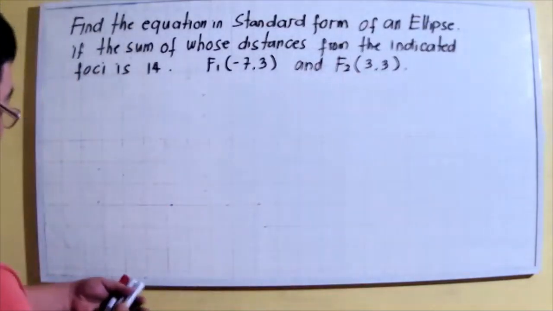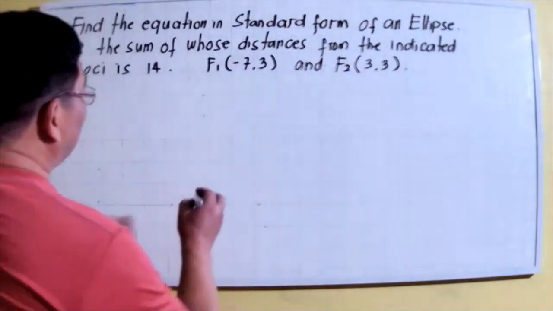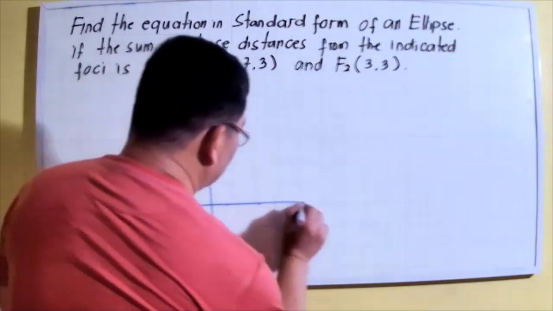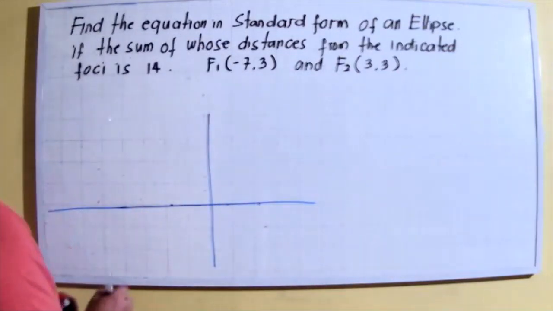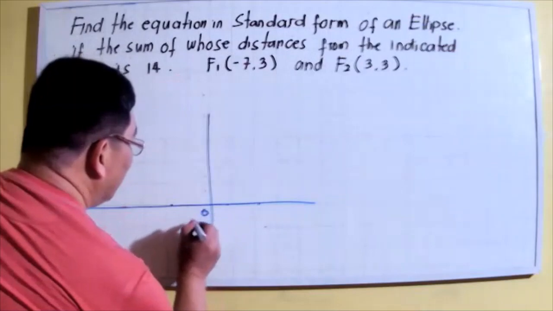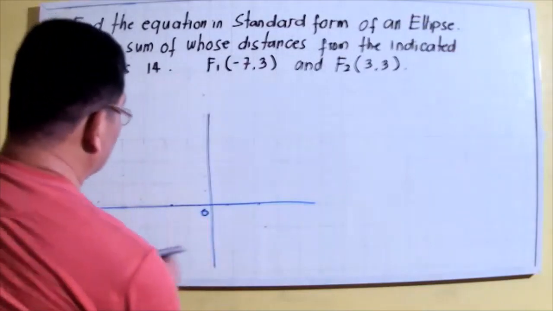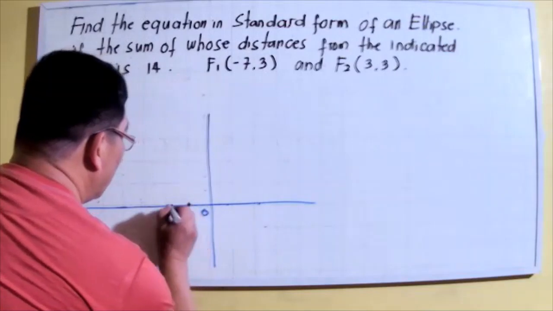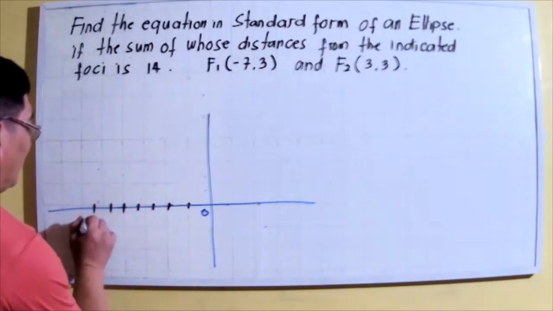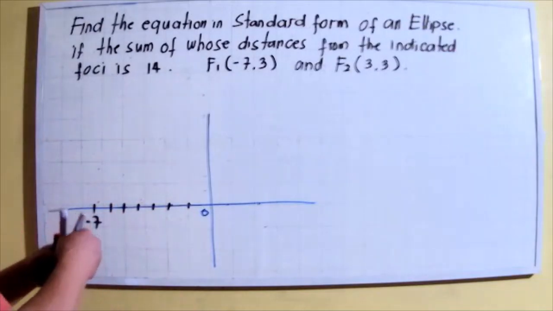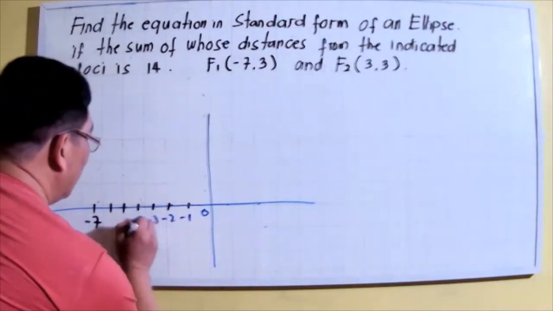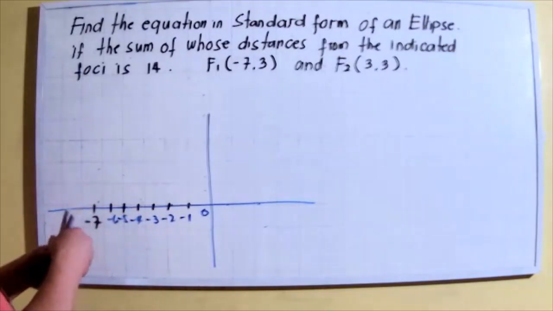Now, let's draw a rectangular coordinate system or Cartesian plane. Let's take F1 first. -7, 3. We have here 0. -7 is -1, 2, 3, 4, 5, 6, 7, and the rest is -1, -2, -3, -4, -5, -6.